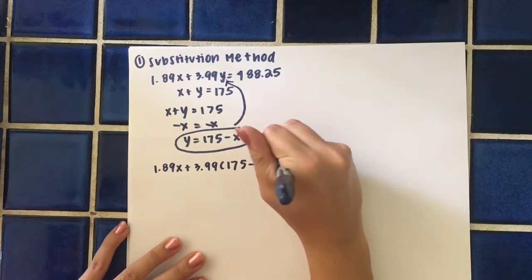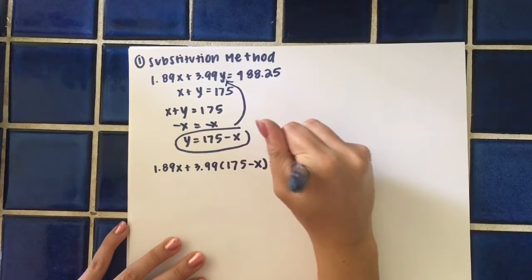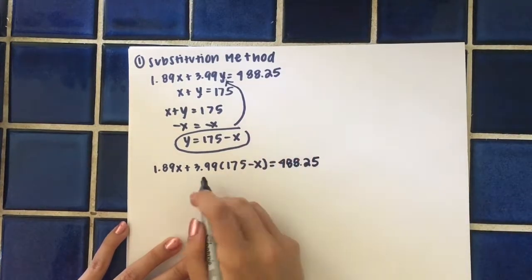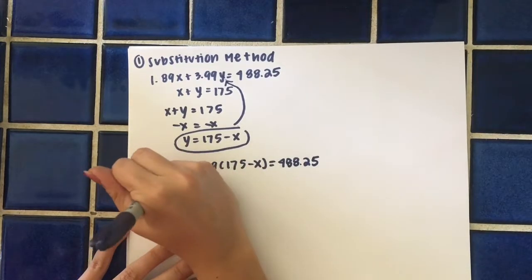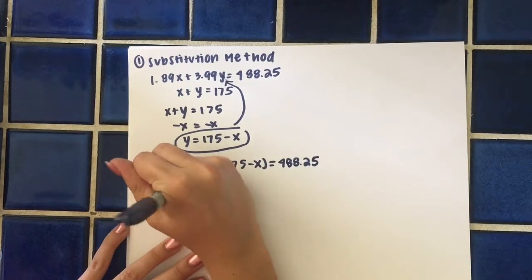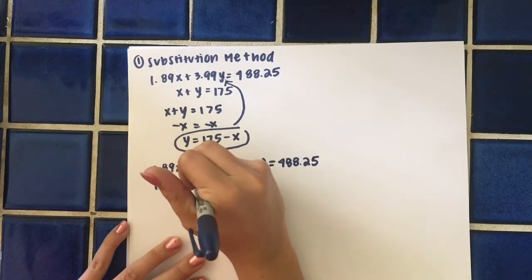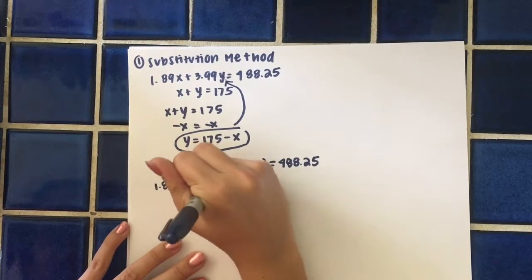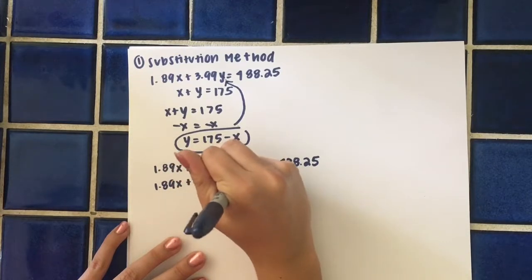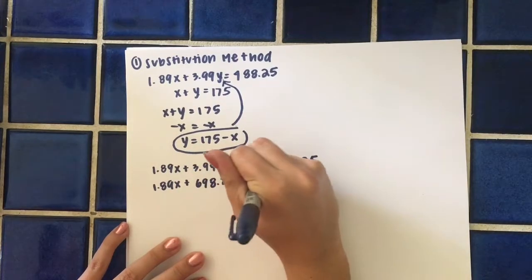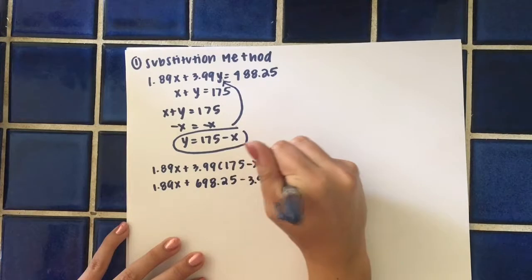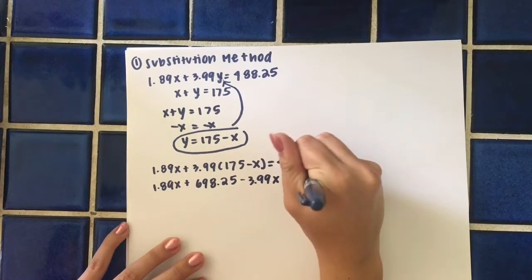That equals 488.25. So now we're going to distribute the 3.99. This equals 698.25 minus 3.99x, which equals 488.25.